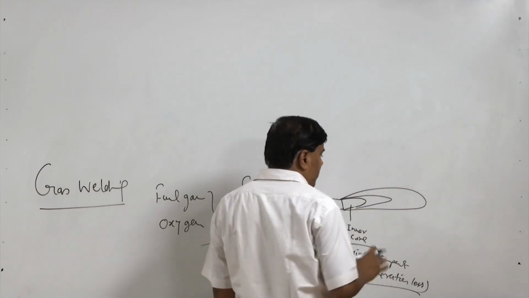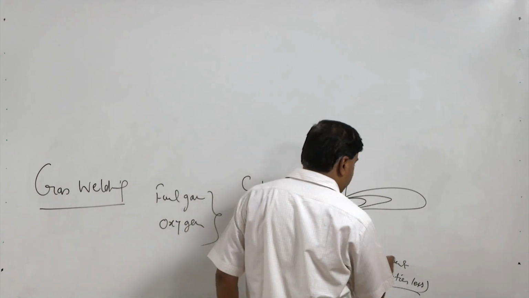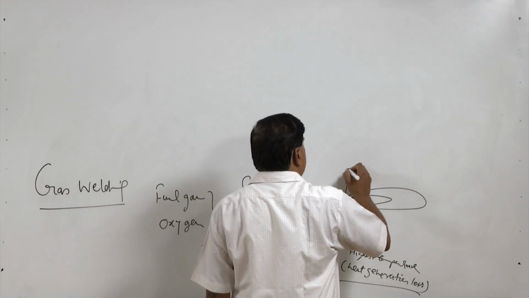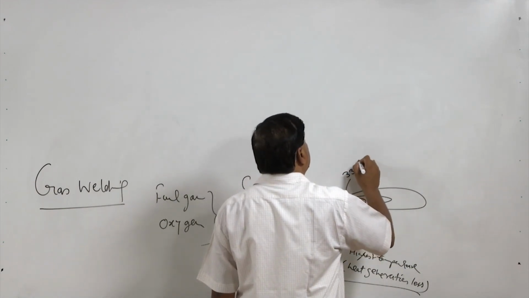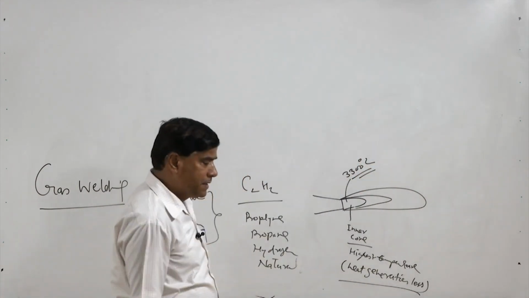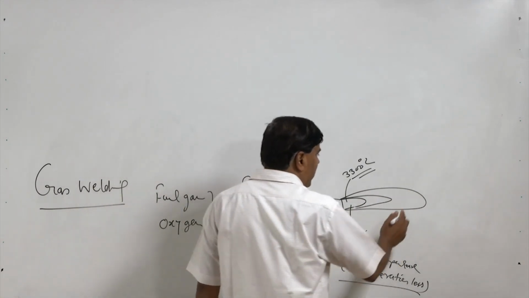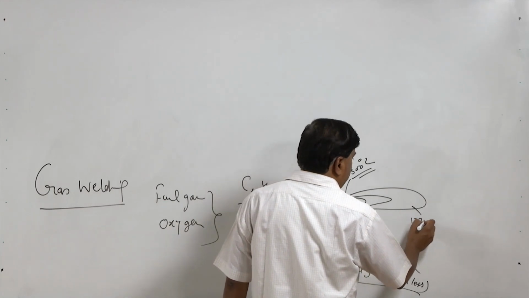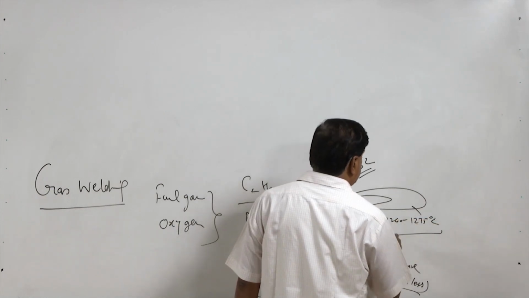the high temperature gases, the temperature in this zone is high, and this can range to say 3300 degree centigrade in case of the oxyacetylene gas welding process, while the temperature of the outer flame is somewhat lower. It is 1260 to 1275 degree centigrade.